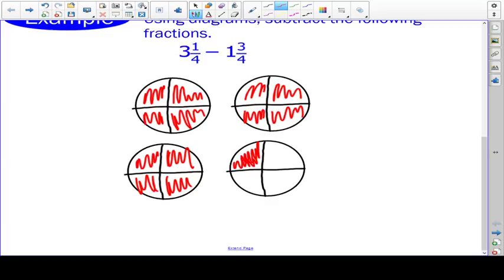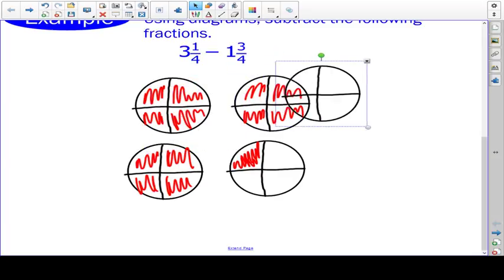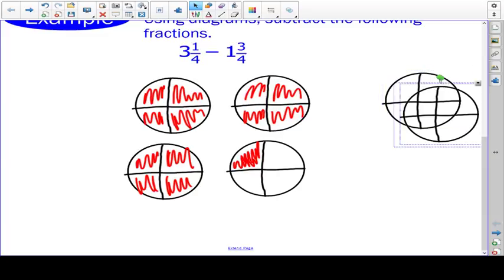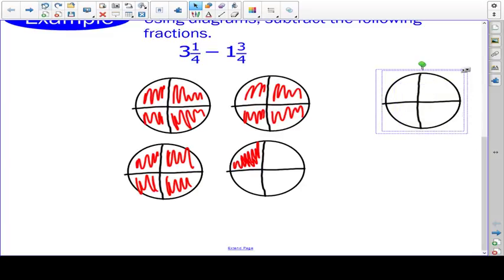Now I have to do the same thing for 1 3/4. So 1 3/4, same thing. Here's my 1 over here. That's kind of not working. So I'm going to take this one here.